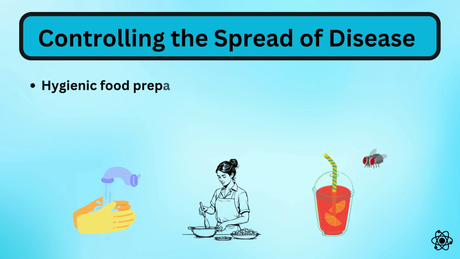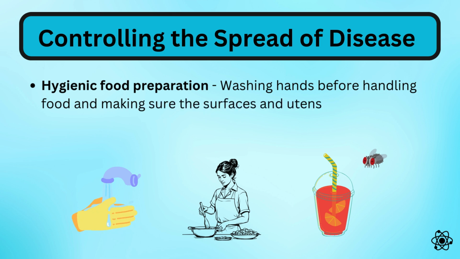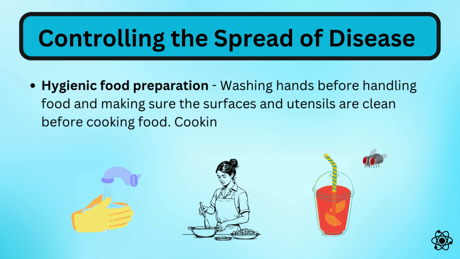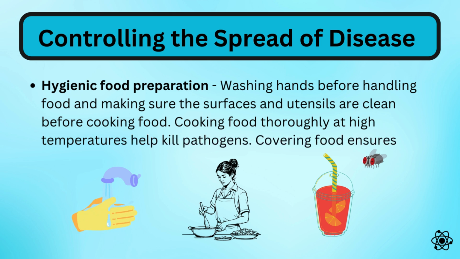Hygienic food preparation. Washing hands before handling food and making sure the surfaces and utensils are clean before cooking food. Cooking food thoroughly at high temperatures helps kill pathogens. Covering food ensures that flies can't land on it, thereby making it difficult for them to transfer the germs they carry.